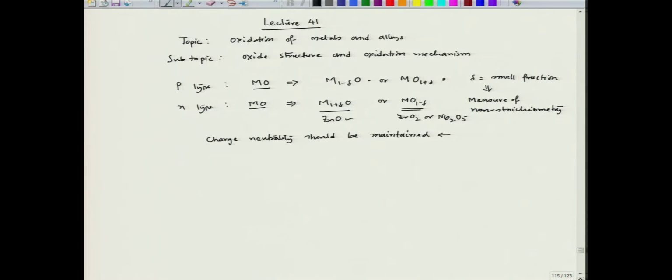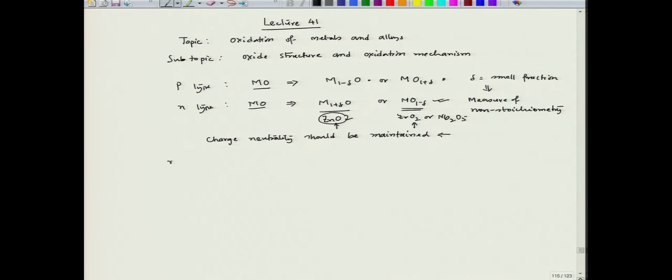So, let us see how the oxidation process happens in case of oxides that are metal excess, with diffusion of interstitial cation. Now, we can have two situations, one is this, another one is this. Since we have understood the structure of zinc oxide, let us understand the other situation.